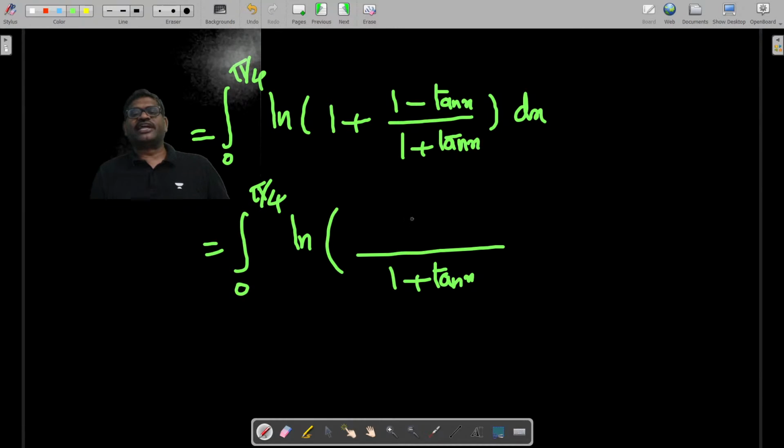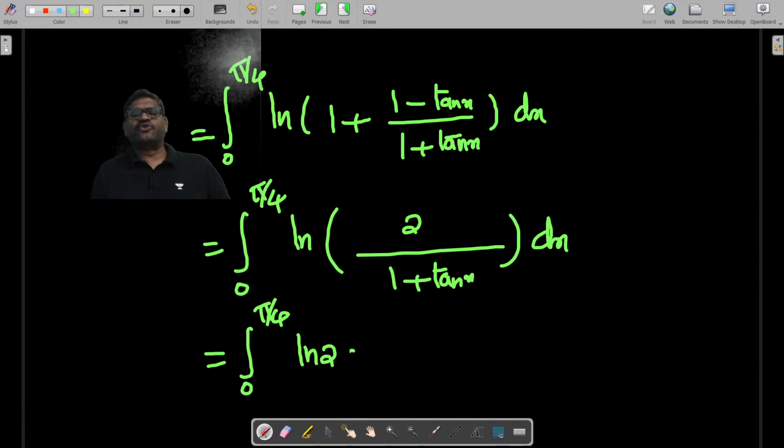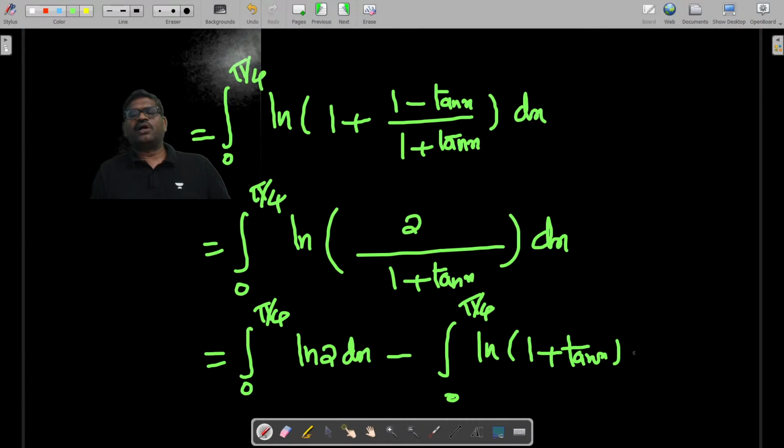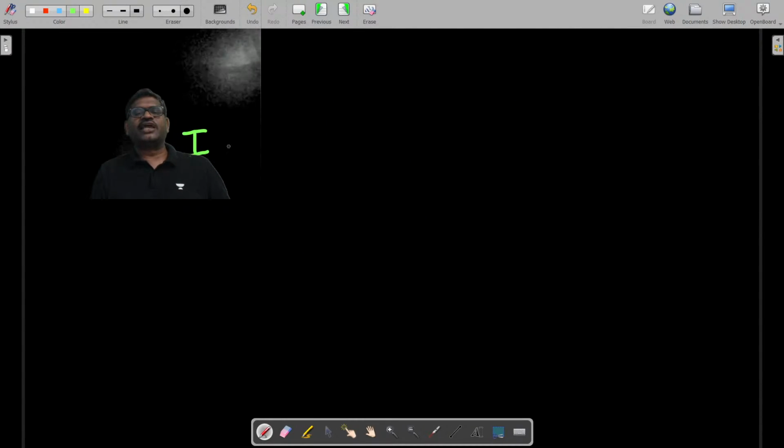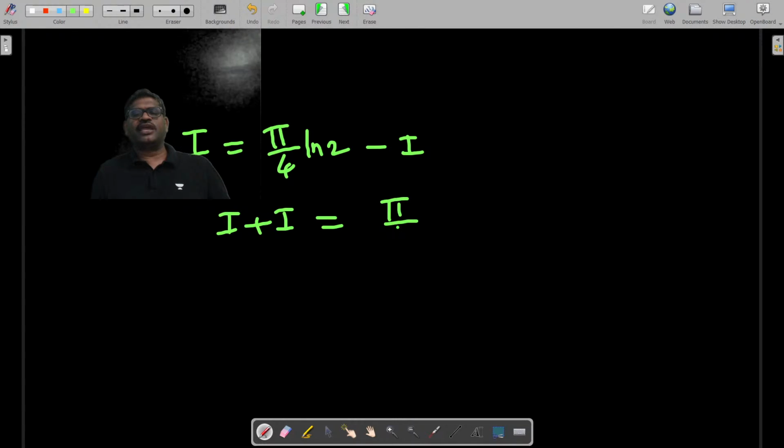If you take LCM, 1 plus tan x plus 1 minus tan x, 2 dx, that is 0 to pi by 4 log 2 dx minus 0 to pi by 4 log 1 plus tan x dx, that is nothing but I. The given integral I equals pi by 4 log 2 minus I. I plus I is pi by 4 log 2, 2I is pi by 4 log 2.